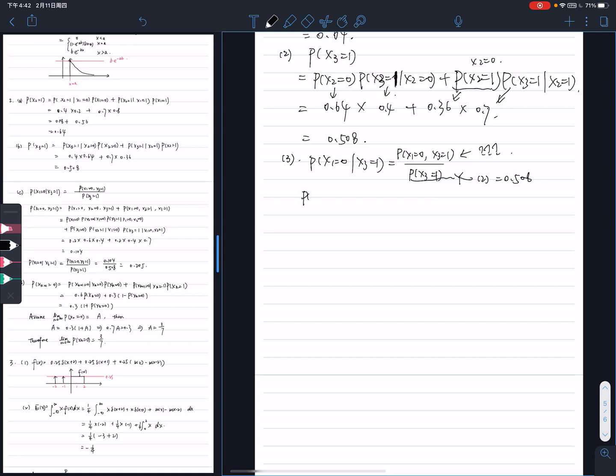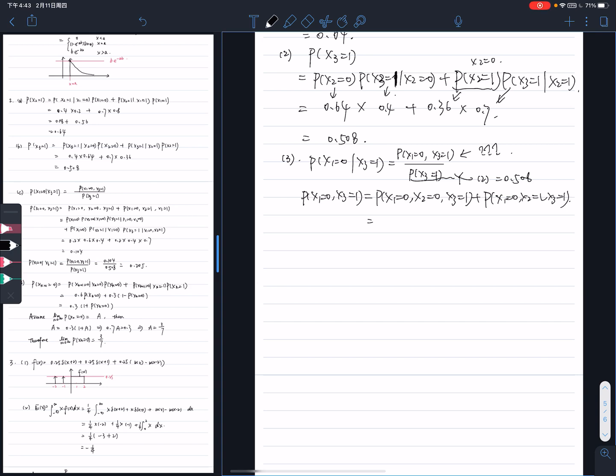By the definition of joint probability, it is equal to P(x1 equals 0, x2 equals 0, x3 equals 1) plus the probability of x1 equals 0, x2 equals 1, x3 equals 1.